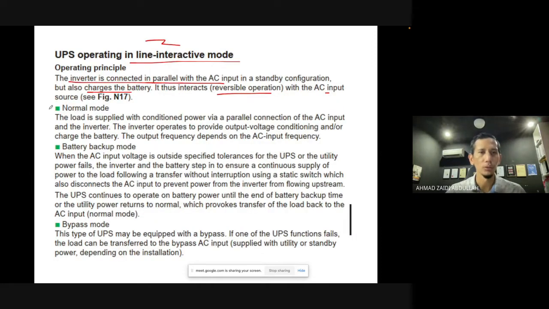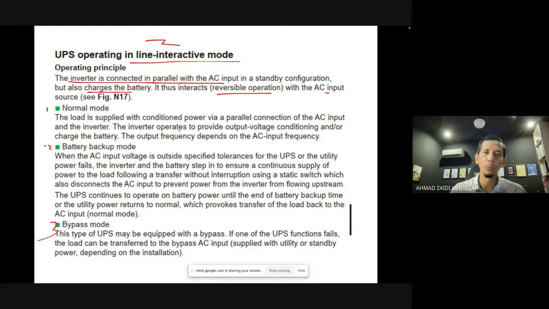Okay, in this mode there are 3 modes. For the first mode, normal mode, the load is supplied with conditioned power via parallel connection of the AC input and the inverter.